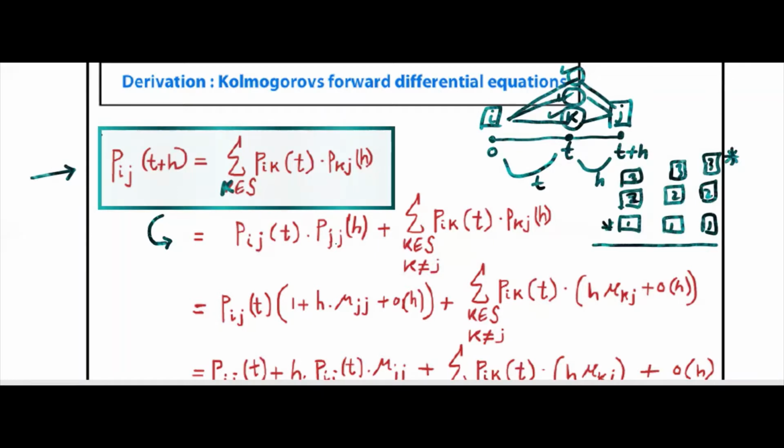So one way is you go from 1 to 3, then 3 to 3. That is, i to j and j to j. You don't change in the next interval. So this comes here.